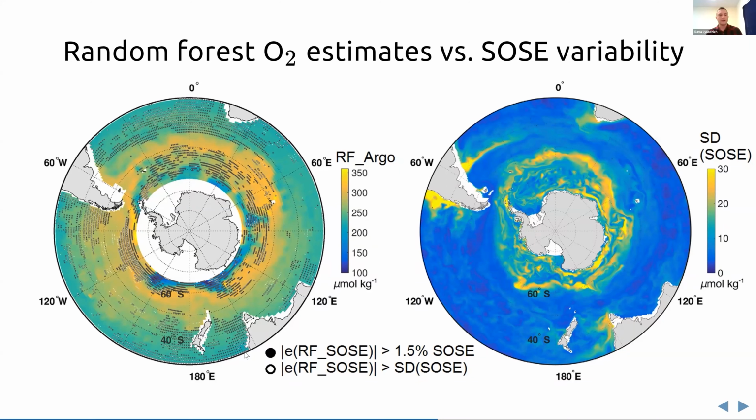And the white dots denote locations where the error of the random forest, again run based on model profiles, was above the standard deviation from the model. And the standard deviations from the model are shown on the right. In other words, the color without dots on this map is the area where we expect high quality estimates from our method.